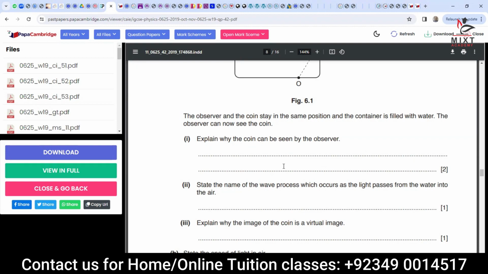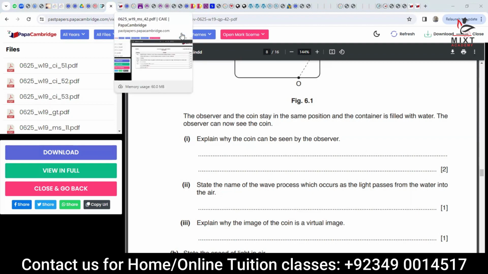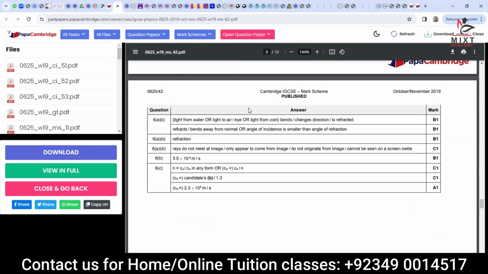Who will tell me that? Ibrahim, Safiullah, Yamna, Armina, anyone? Yes, anyone? Sir, because there is no image formed at the bottom of the container.